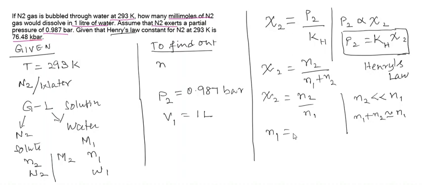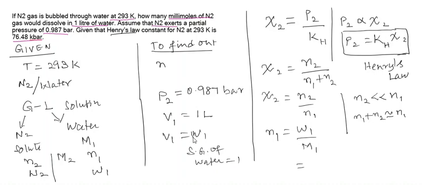N1 is equal to weight W1 divided by the molar mass of solvent, that is water. W1 is the given weight. In this case, it is given as 1 liter of water. V1 is equal to W1, because the density of water is equal to 1.